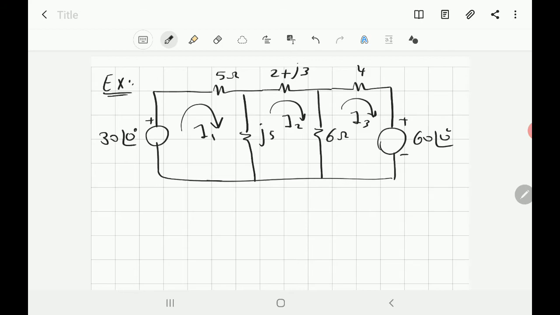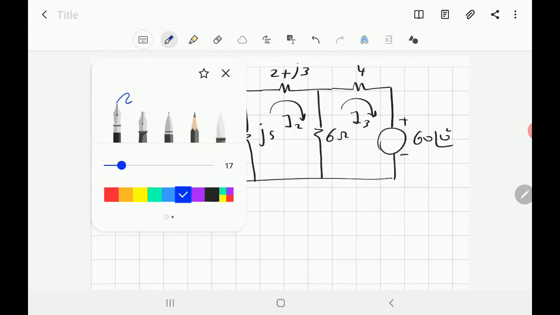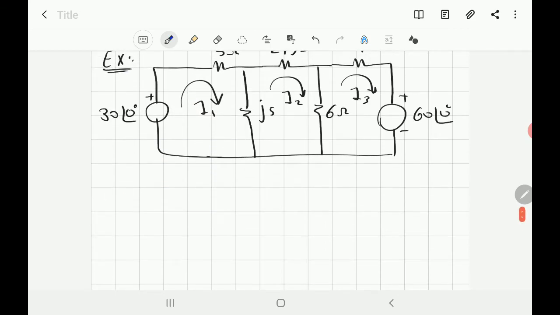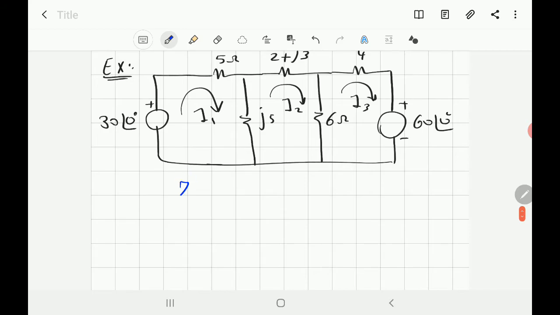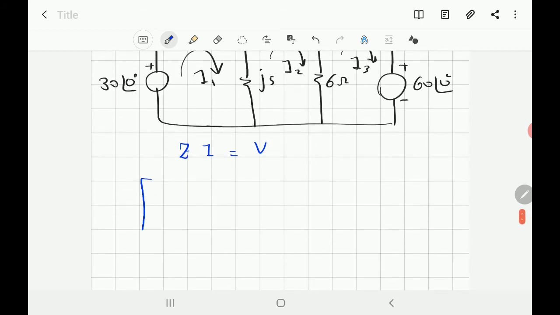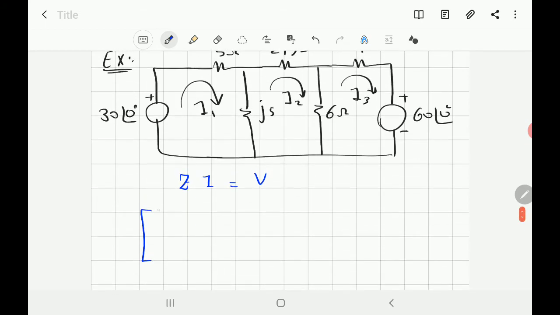To do that, using mesh current analysis, as I explained previously, it's easy to use the matrix form. So I will say Z times I is equal V. Z will be a 3 by 3 matrix. The first element is the total impedance in mesh 1.